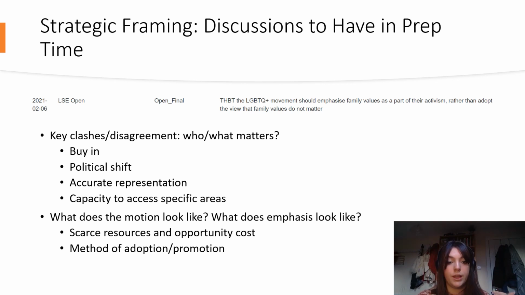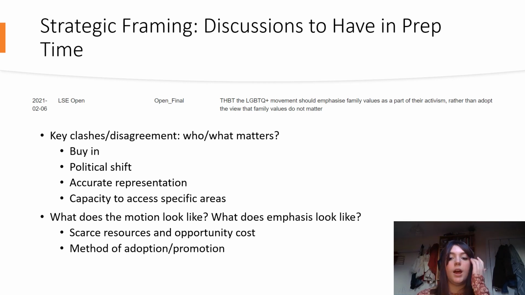And then fourthly, the capacity to access specific areas of the population or specific areas of improvement. So my example that I used on the last slide was if a lesbian couple finds it difficult to have children, blah, blah, blah. But if you're emphasizing family values as important, then you're potentially having greater capacity to access buy-in to achieve that kind of stuff.